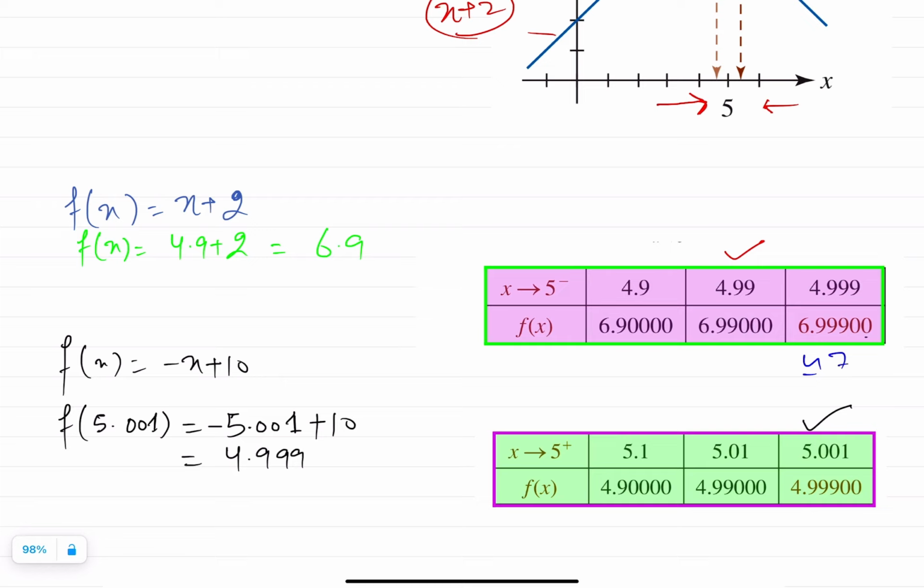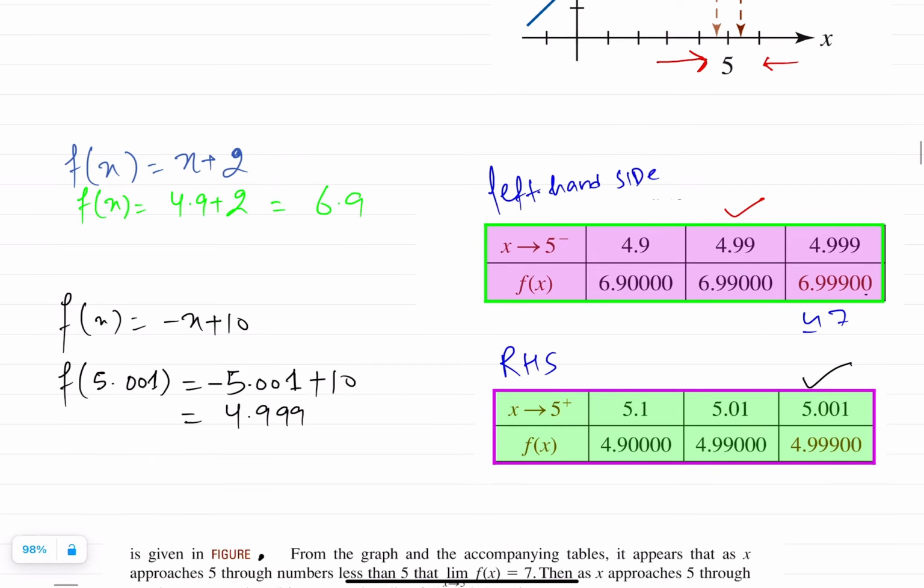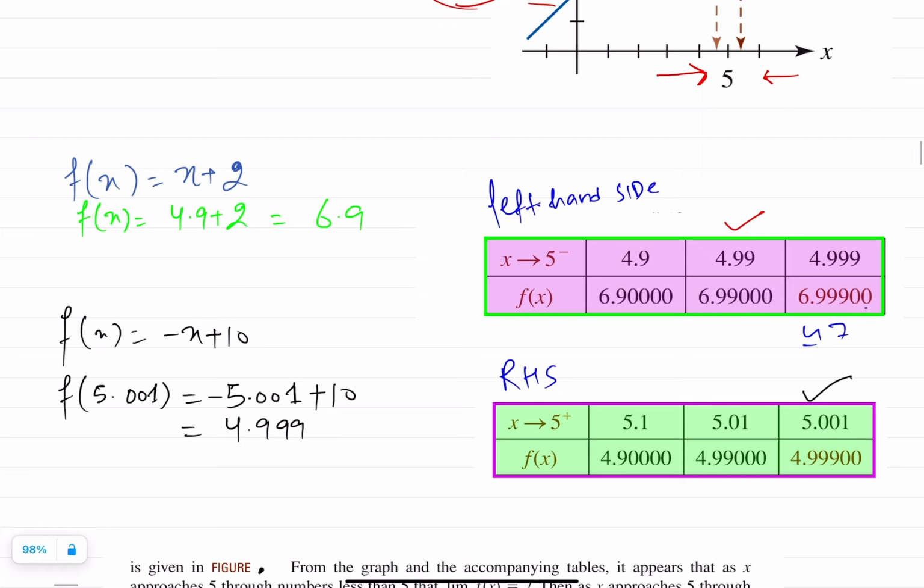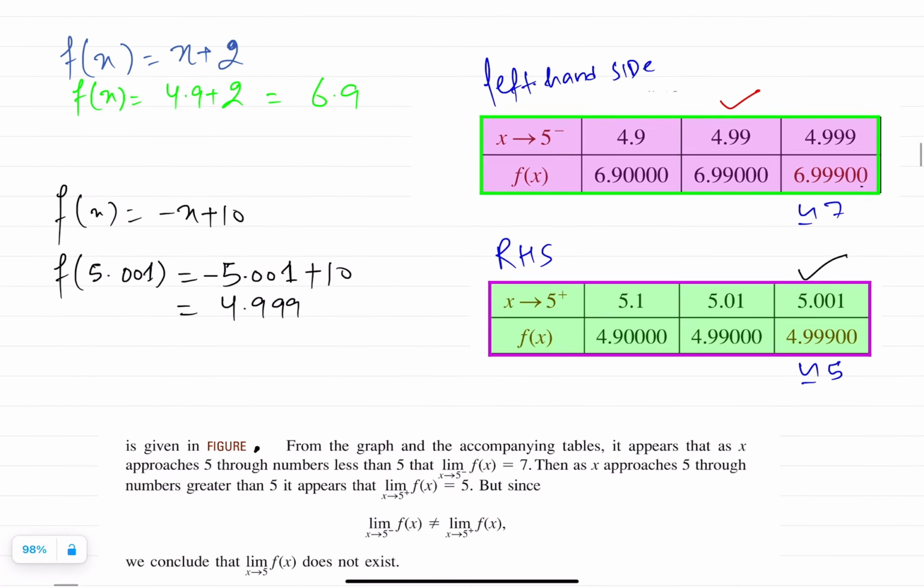In the second table we're approaching from the right hand side, and the first is from the left hand side. The values from the left hand side are approaching the value 7, and from the right hand side the value of the function is getting closer and closer to 5.